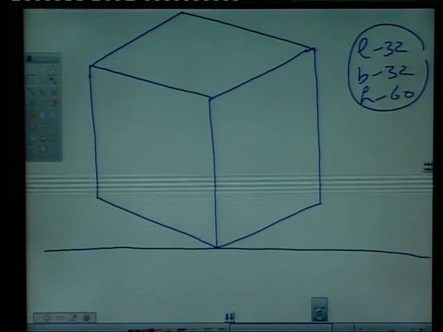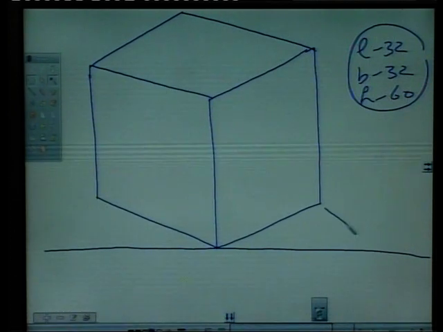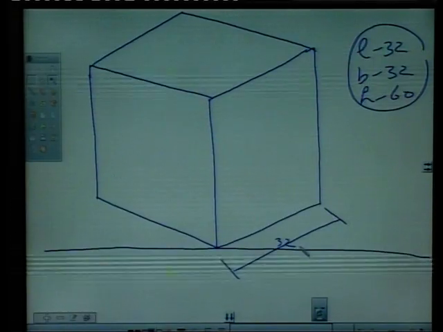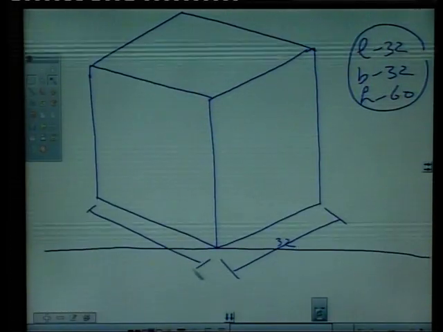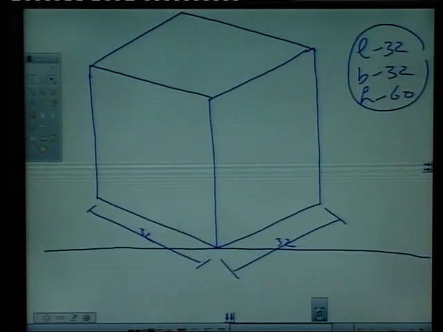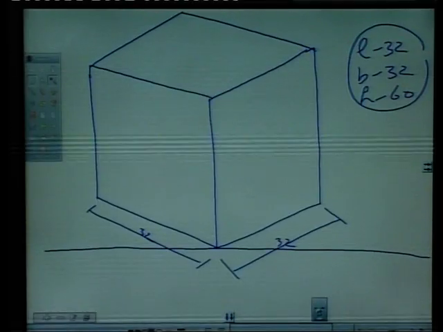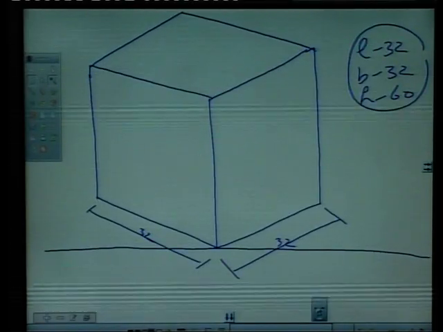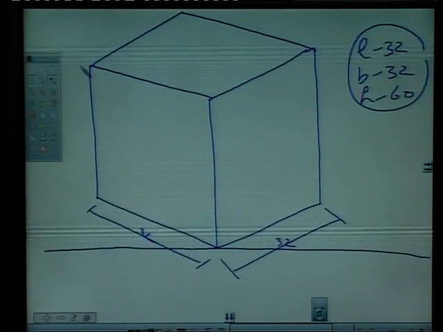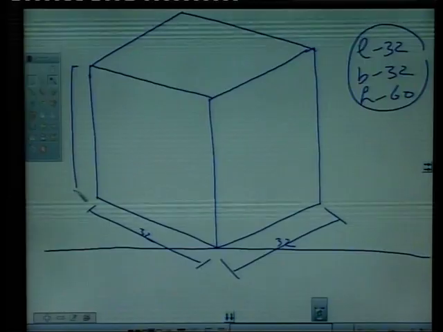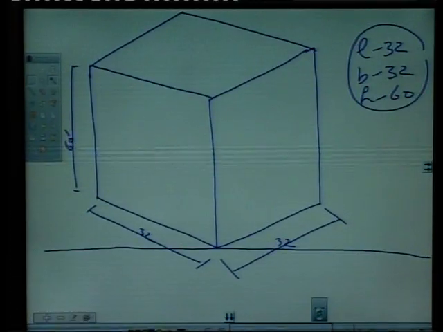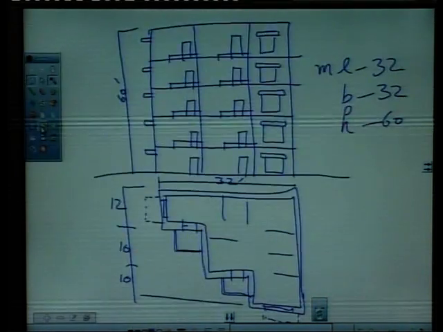Say this is the box, this dimension is 32, this dimension is also 32, right? And vertically it is 60, it is not to the scale, just a rough sketch type, right? Say this total is 60, right? How to draw from the plan?